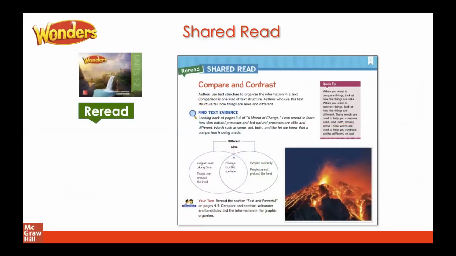Once students have gone through that shared read, we now have mini lessons to focus on targeted skills and strategies and standards that we need our students to learn and master and apply to new literature. And so in this particular example, we are looking at comparing and contrasting as it relates to this shared read.